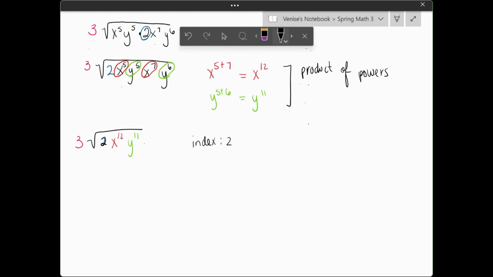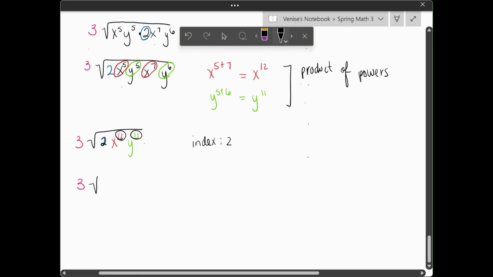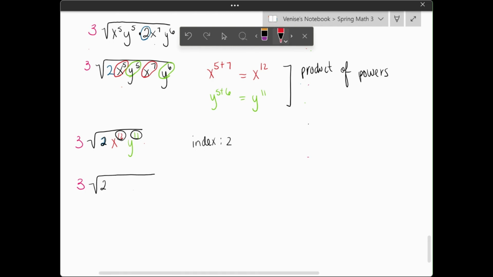So that means I want to separate my exponents into 2's. So I have 3 times the square root of 2. How many times can 2 go into 12? 6 times.